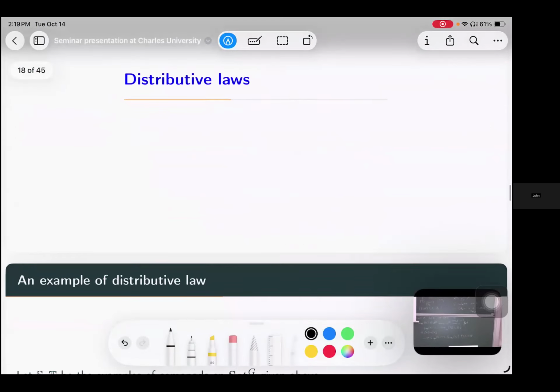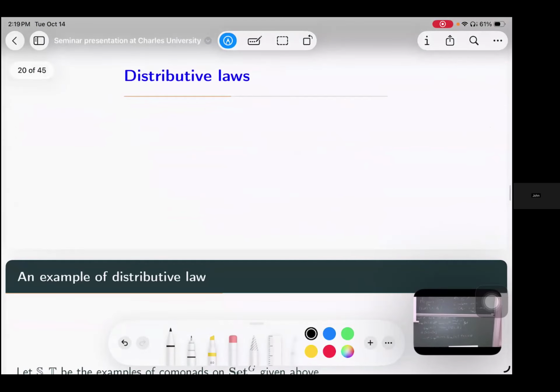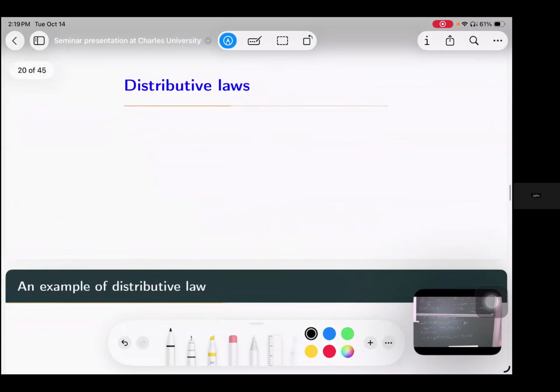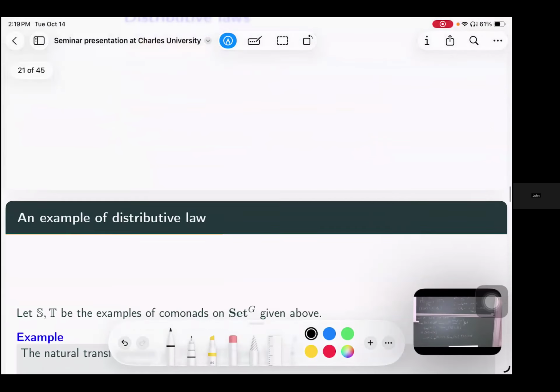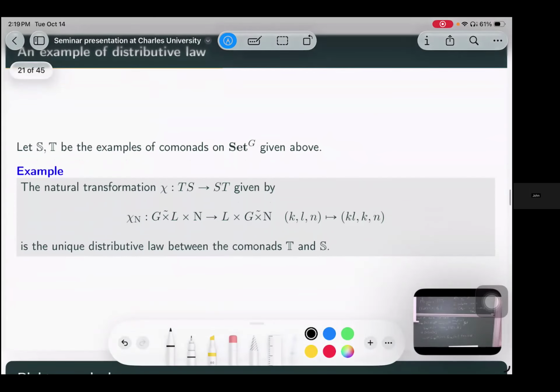Sorry about that. I think this should have been on the previous slide. So I'll give you an example of a distributive law. Let S and T be examples of comonads on the group G. So here we have our T as G cross tilde blank, and then here we have our S as L cross blank.